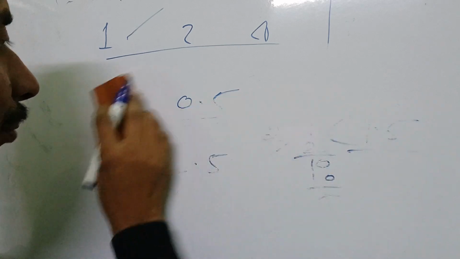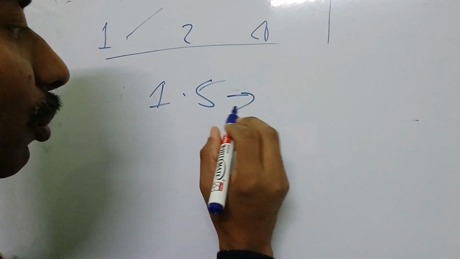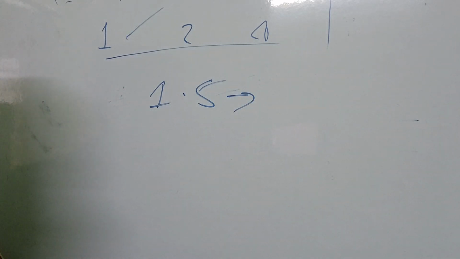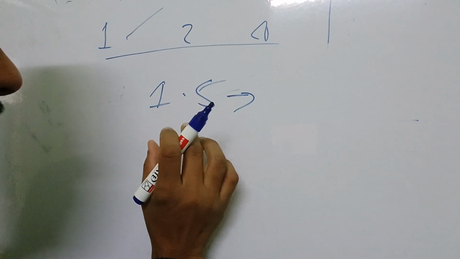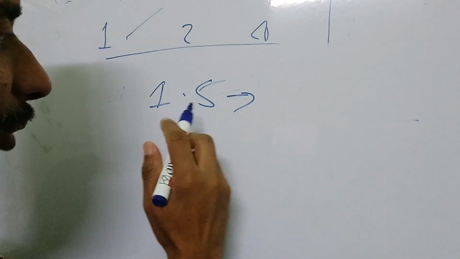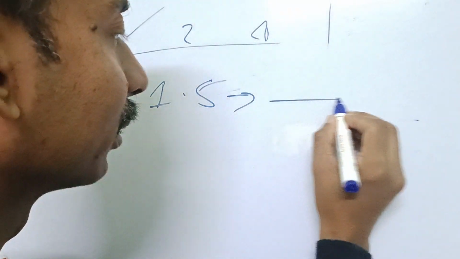Now, just the reverse order. If a number like 1.5 is given, a decimal number, you have to convert it into a fractional number. How to convert it?